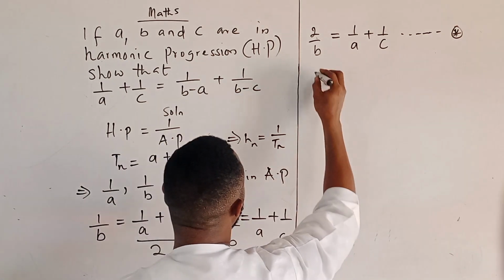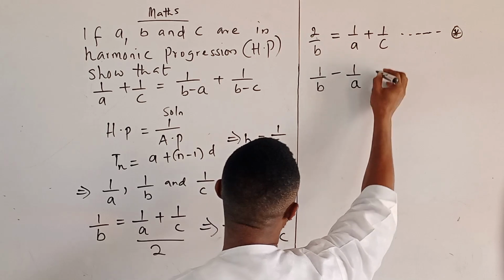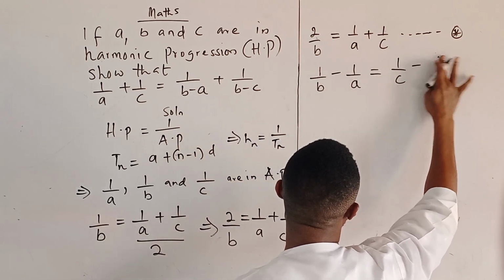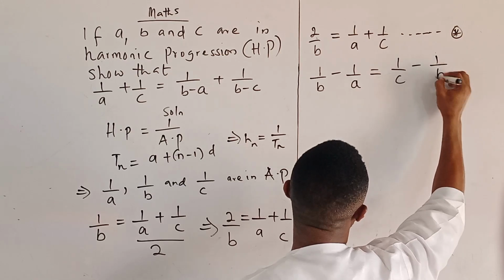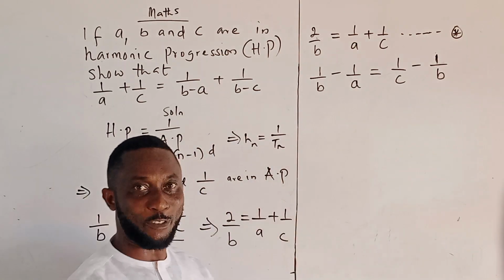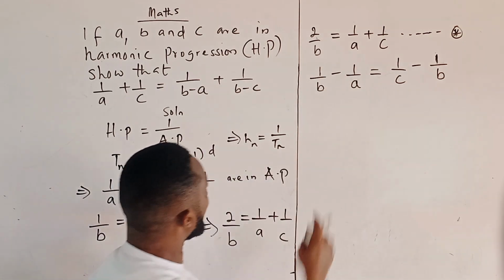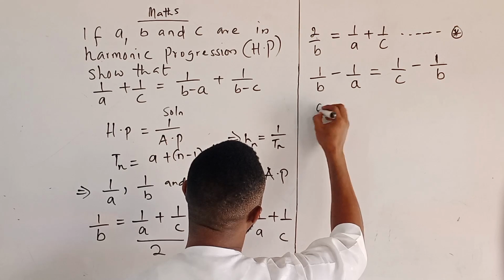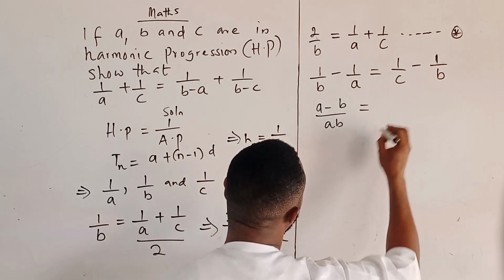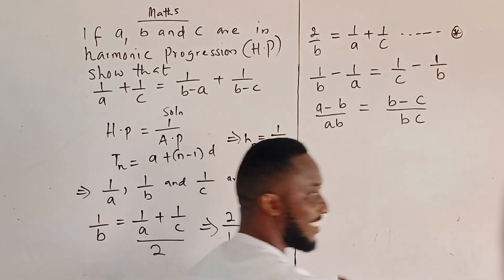So that's going to be 1/B - 1/A = 1/C - 1/B. This is the common difference. If we operate on these fractions using the butterfly method, it gives us (A - B)/AB = (B - C)/BC.